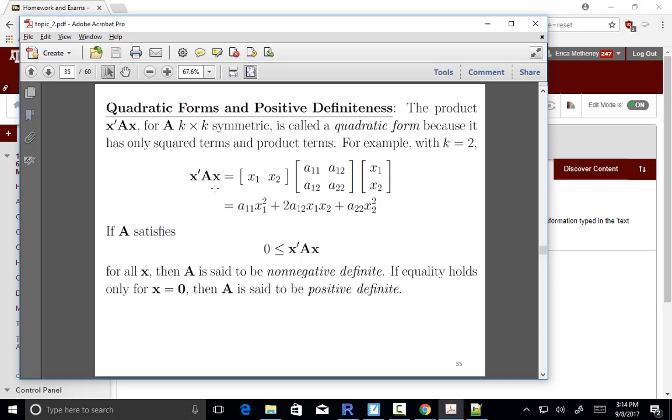The reason it's called a quadratic form is you're taking a vector x and multiplying it by A, but x is there twice, so it's kind of like you're doing A times x squared. I'm talking kind of rough there, but in a vector sense, x is there twice.